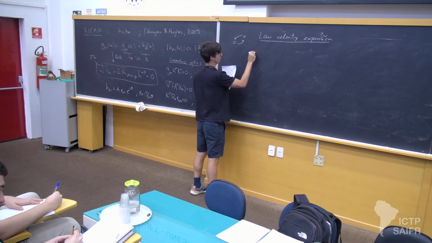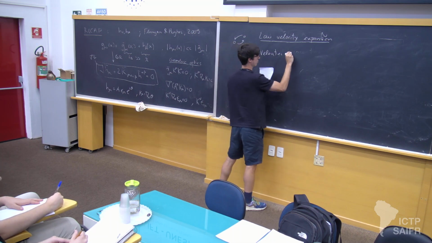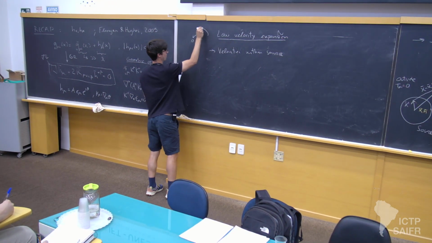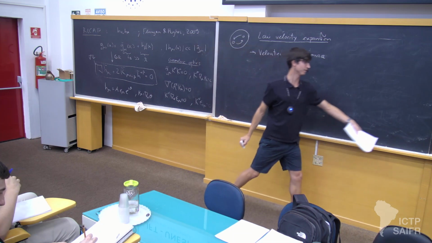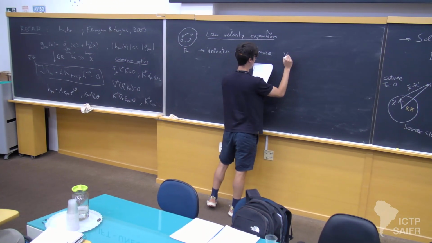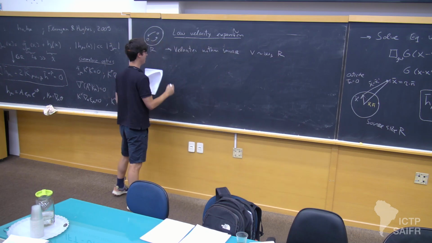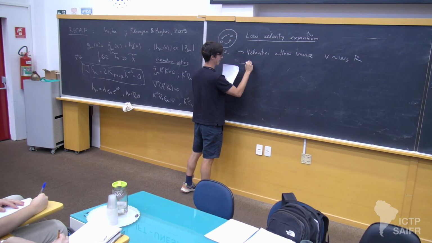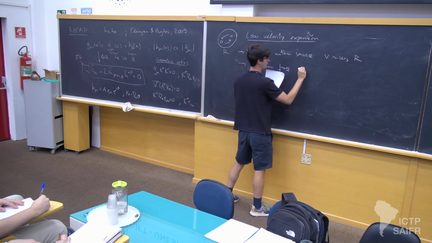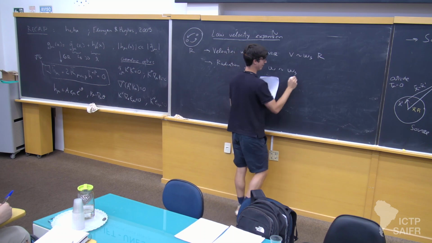So within the source, the velocities within the source, and in our more simplified picture of the source, this is a source of scale R. The velocities are of the order of the orbital velocities times R. And then we have, on the other hand, that the radiation frequency is of the order of the orbital frequency, and this is something that we are going to see in more detail today.